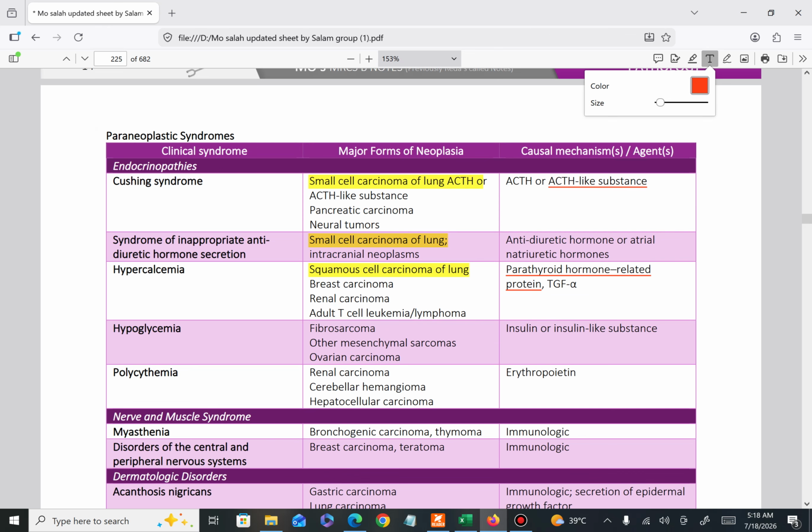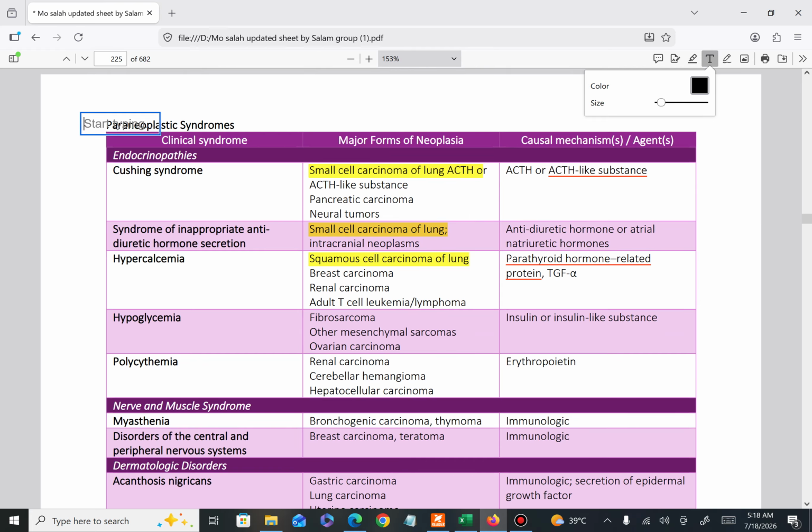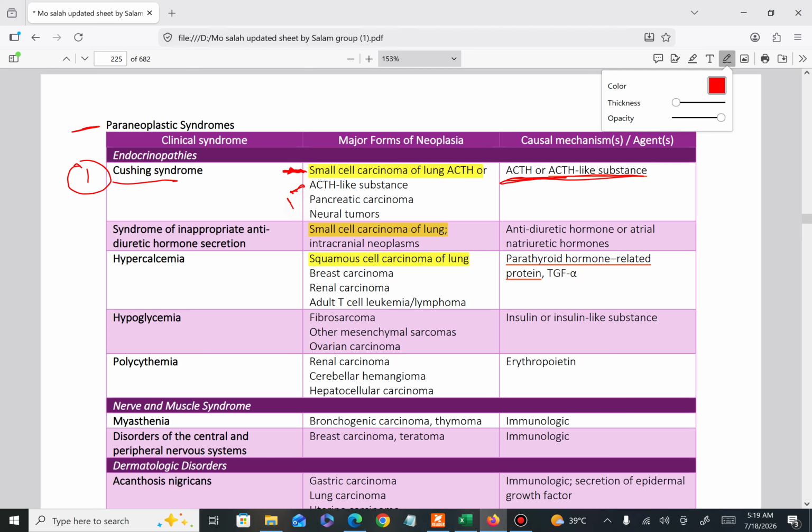The first paraneoplastic syndrome is Cushing syndrome. It involves release of ACTH or ACTH like substances, and the neoplasms which cause it are small cell carcinoma of the lung, pancreatic carcinoma, and neural tumors.